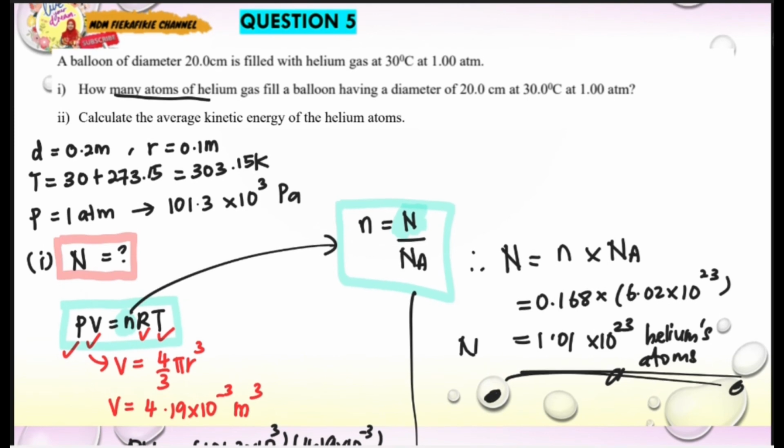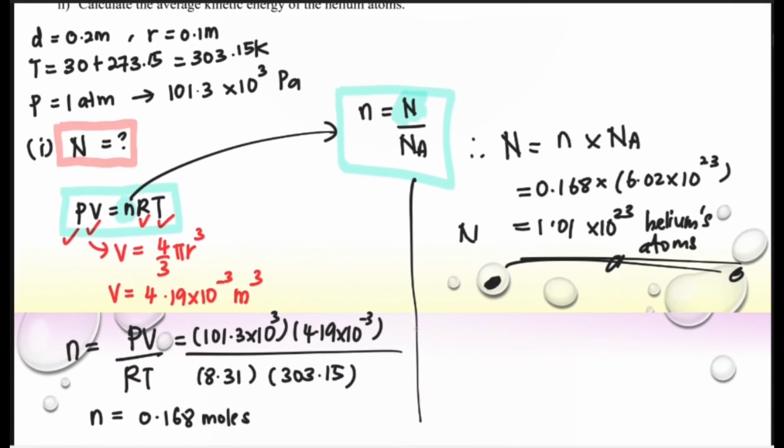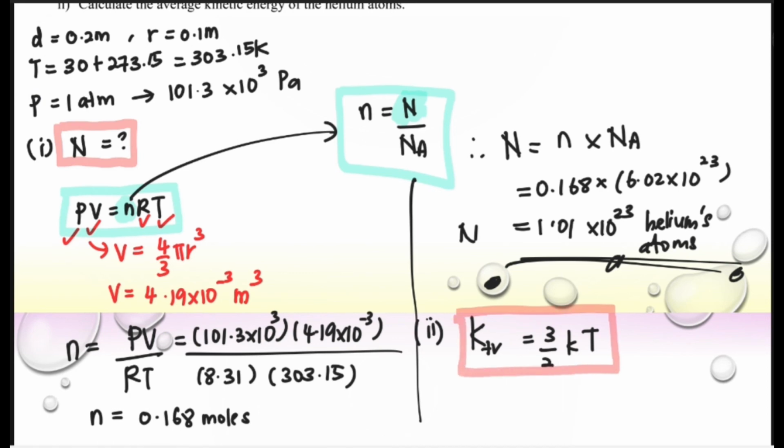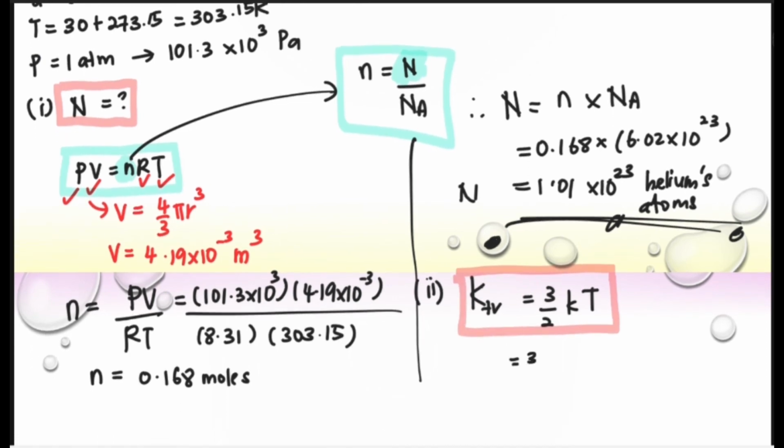And then calculate the average kinetic energy. Okay, average kinetic energy tadi kita dah tahu formula dia adalah 3/2 kT. Okay, so saya rasa awak tak ada masalah lah. Okay, kita boleh guna formula ni. And then temperature kita dah ada tadi. So times k, 1.38 exponent negative 23 times 303.15. Kita dah kira tadi.